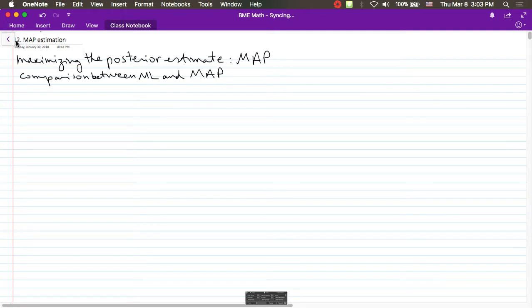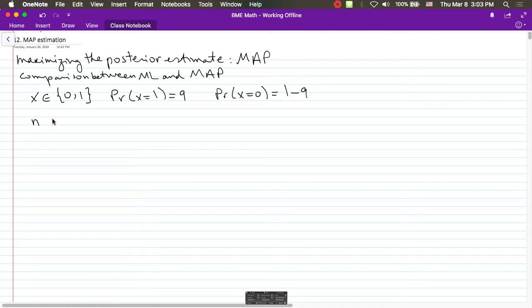So we're going to have a random variable x that is going to take on binary values, and we have some prior probability of it being 1 as a probability q, and so the probability of it being 0 is 1 minus q. If we are throwing this die, or this coin, let's say, the coin can be 1 or 0, and we count the number of times that it turns out to be 1.